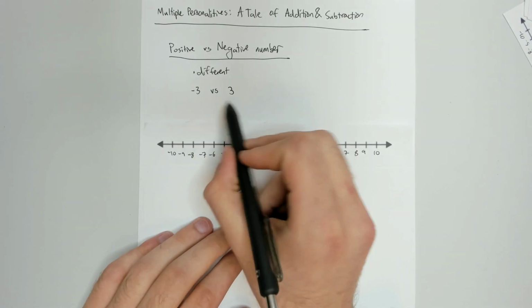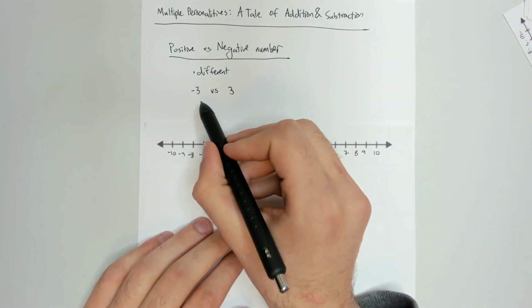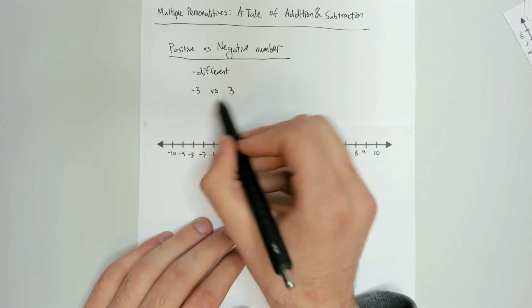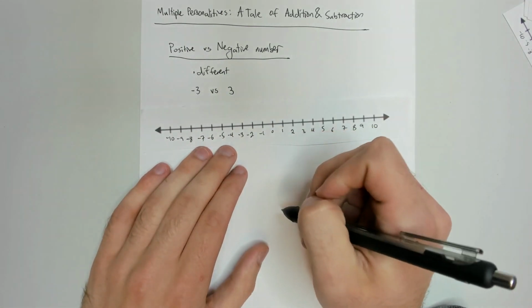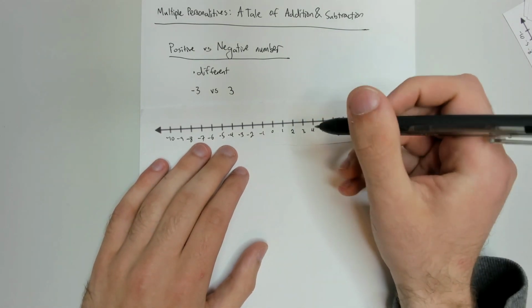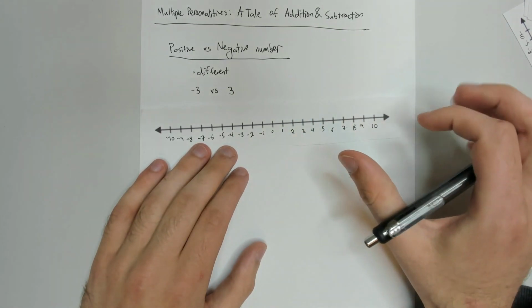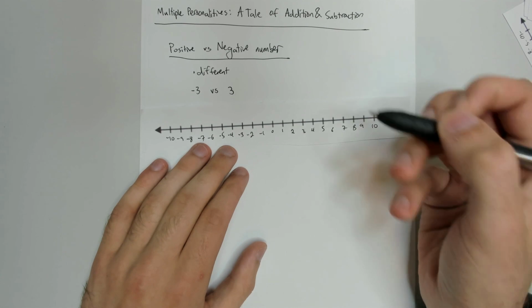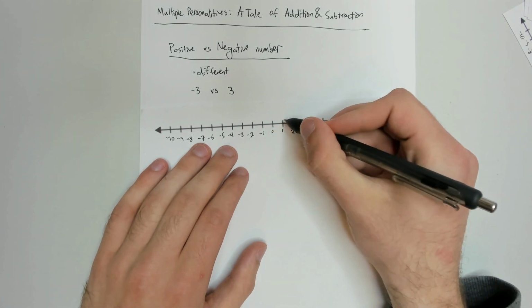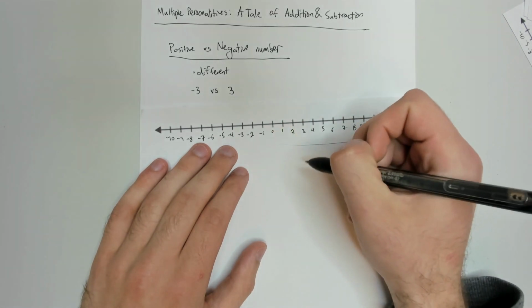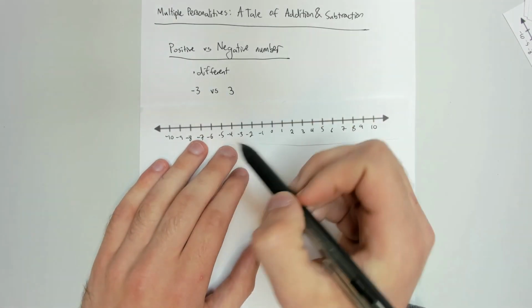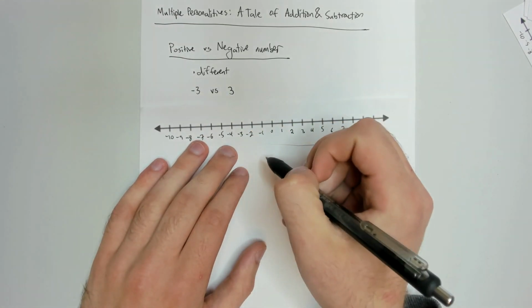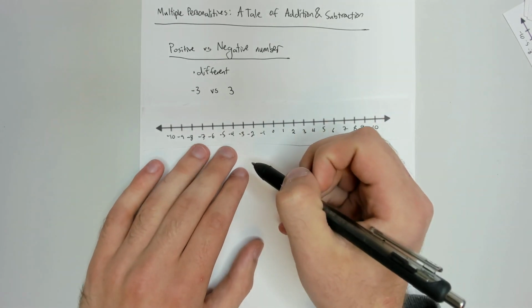So both of these kind of have a 3 involved, so there has to be some sort of connection between the two, right? How does 3 relate to -3? Well, the answer is if we start thinking about numbers as the distance from 0. So 1 is a distance of 1 from 0. 2 is a distance of 2 from 0. 3 is a distance of 3 from 0. Now, if we look at -3, what's its distance from 0? Well, it's also 3 from 0, right?